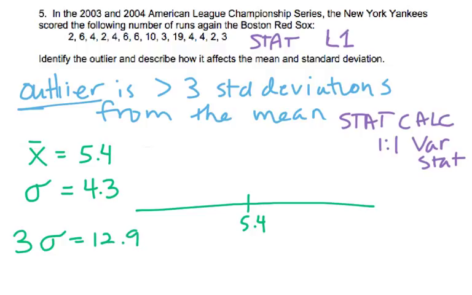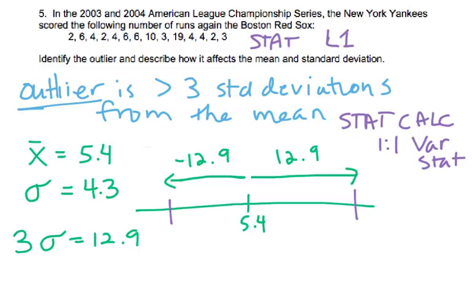We're looking to go 12.9 to either side, greater than or less than the mean of this data, so we add or subtract 12.9. When we subtract 12.9 from 5.4, we get a negative. Obviously we're not going to have a negative number of runs, so really we're just going down to 0, because going past 0 doesn't have any meaning.